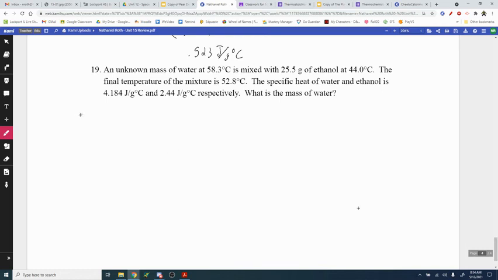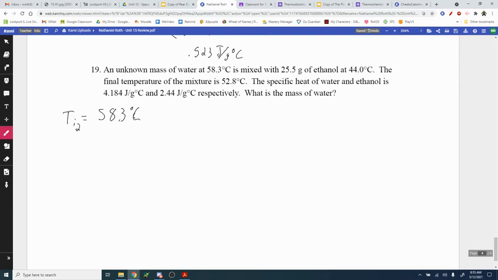That is our initial temperature, so Ti, and that is of water. So that's Ti2 equals 58.3 degrees Celsius.